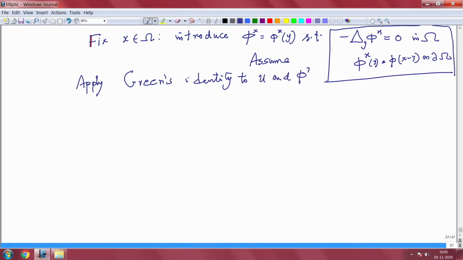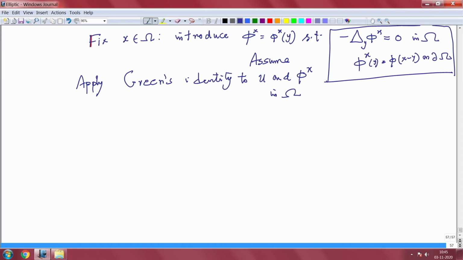The only difference from the earlier case is that phi had a singularity, so you had to find a ball around it. Here you do not have to do that, you can do it in omega, because there is no singularity. So, you can straight away apply the identity, and Laplacian of phi x equal to 0.